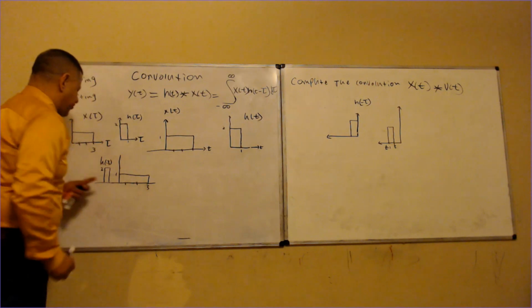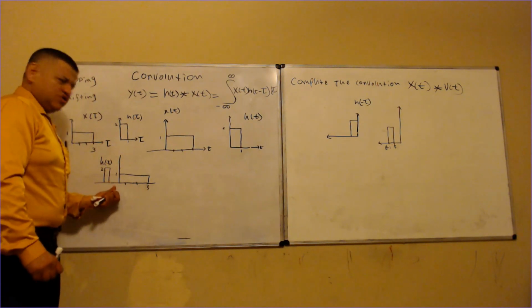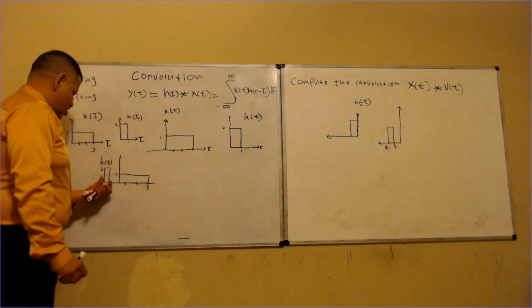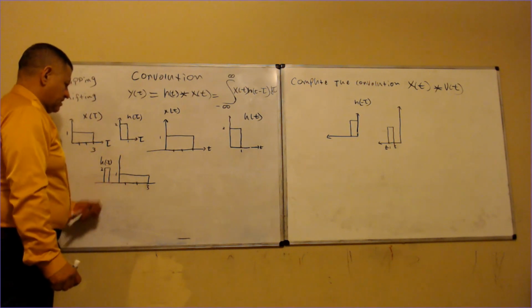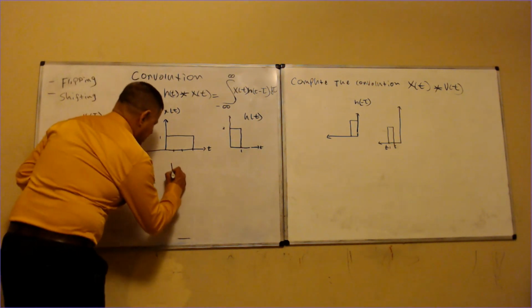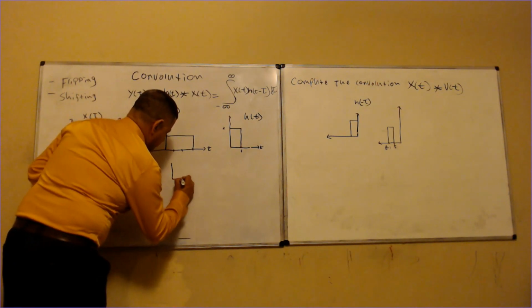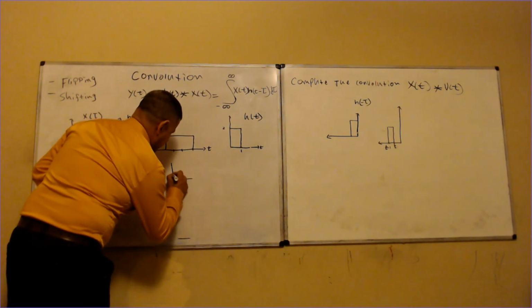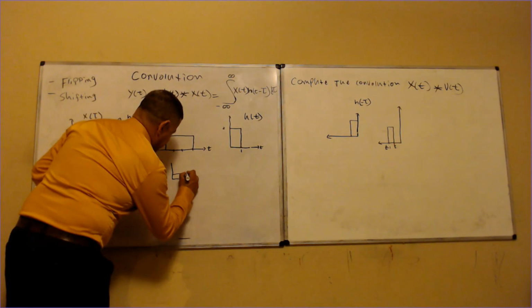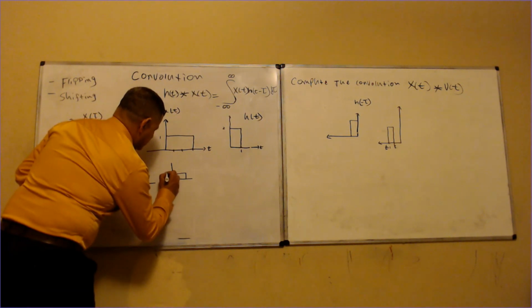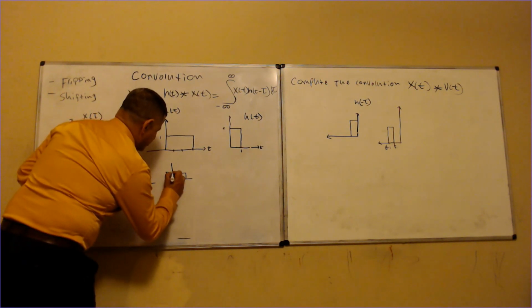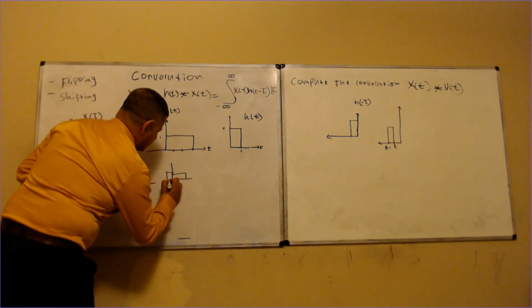You multiply this by the function, and there's nothing over here, so this is 0. You slide it forward, you say this is like this, and this is like this. So slide it forward. It's still 0, isn't it?